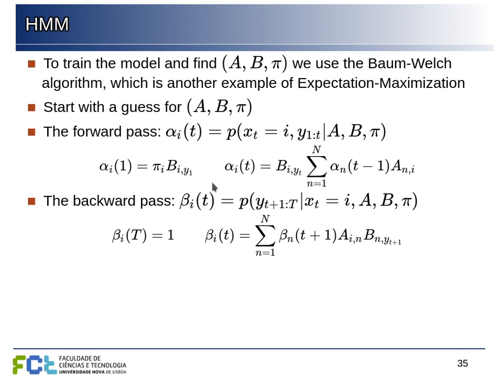Now, the backward pass allows us to compute a different thing, which is the probability of all future emissions starting from this point at time t, assuming that we have one particular state i at time t. So if at time t we have state i, what is the probability of encountering all the observations we have from time t plus 1 to the end of the sequence?